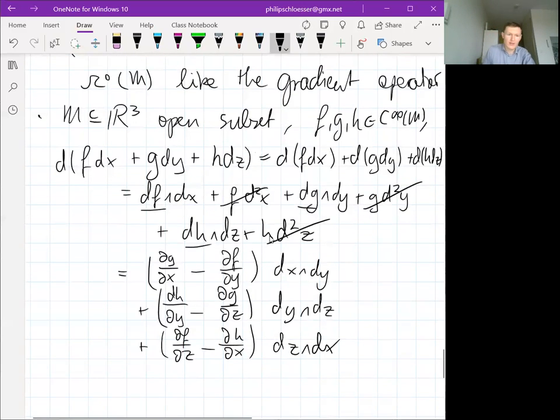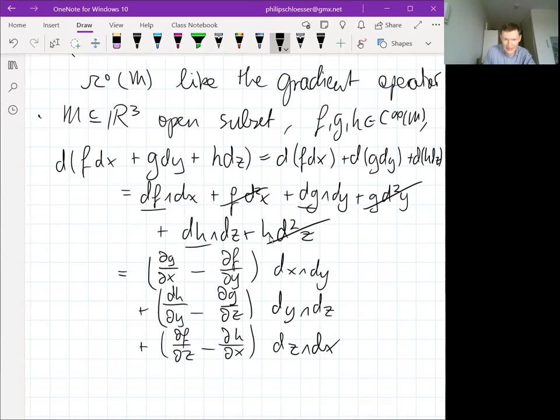And you can always see that in those brackets you have an expression of the form: the ith coordinate function differentiated with respect to the jth coordinate, minus the jth function differentiated with respect to the ith coordinate. Same for here, same for the third bracket.